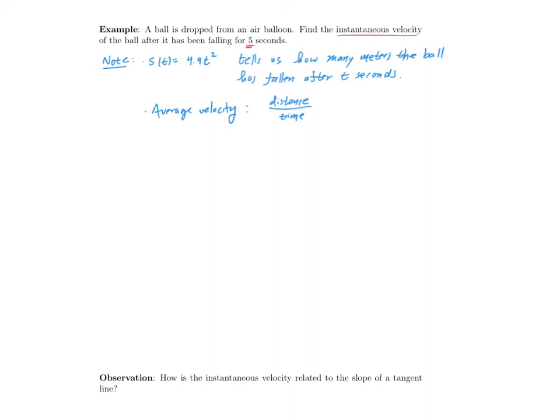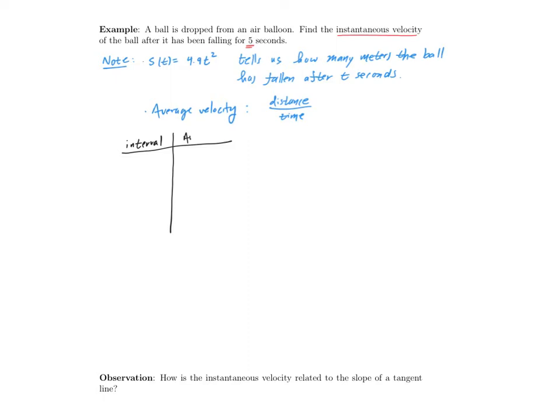So we are going to make a table of data where we look at intervals around 5 seconds, and we let that interval shrink so we get an average velocity on a smaller and smaller interval about 5, which will hopefully give us some intuition as to what the instantaneous velocity should be.